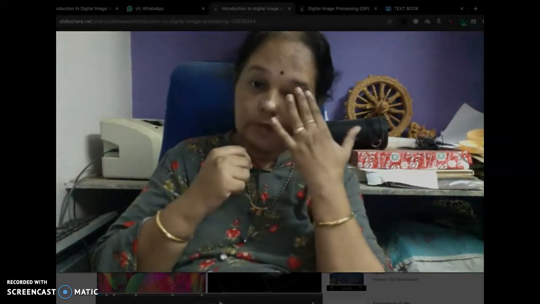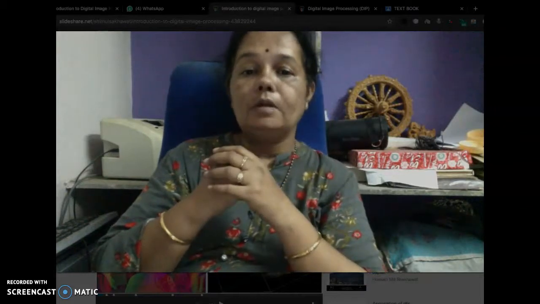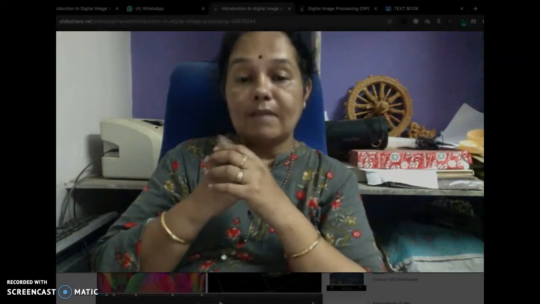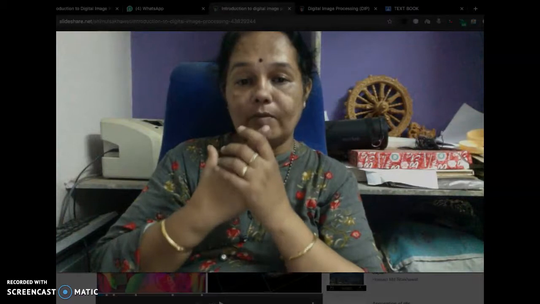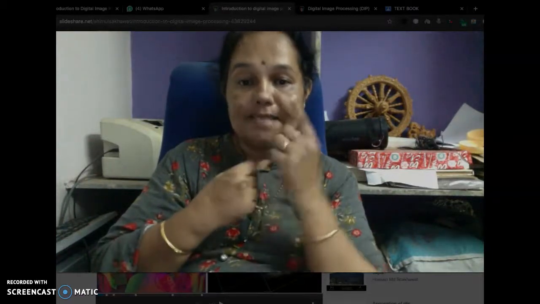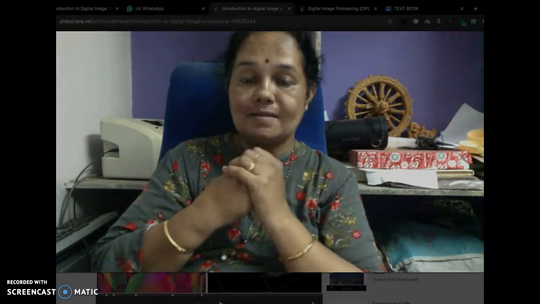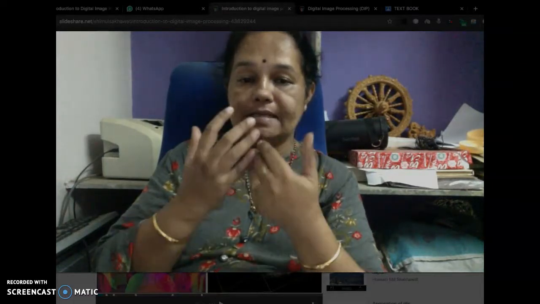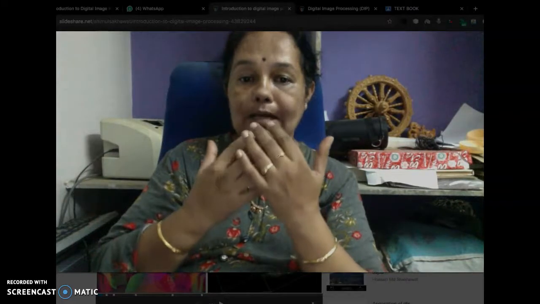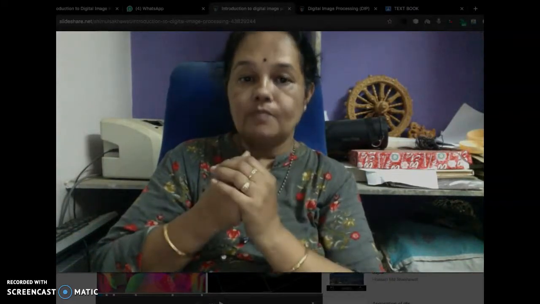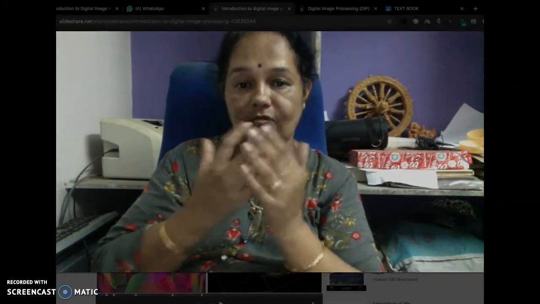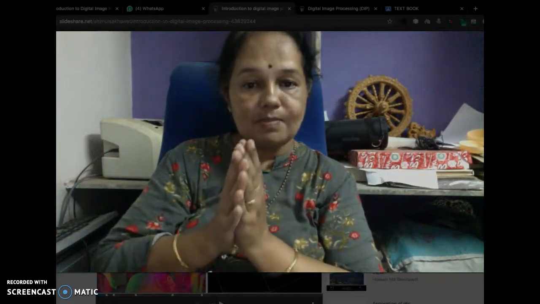It is said that about 70% of the contribution to intelligence is given by seeing. What we see is pictorially represented as an image, and processing that information is referred to as image processing.